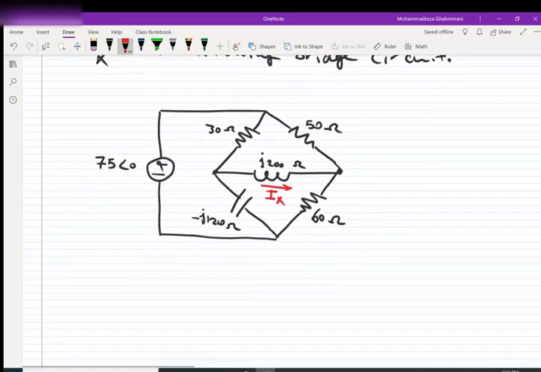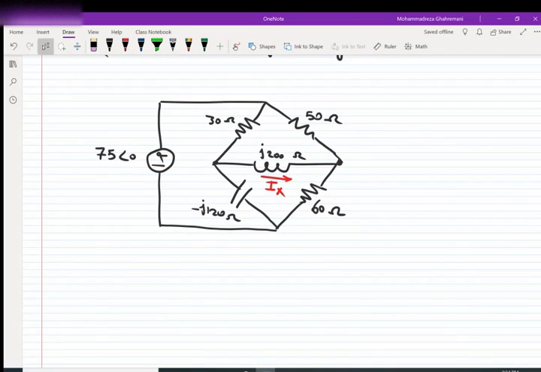So because we want to find the current going through the inductor using Thevenin theorem, we need to consider this inductor as a load and find the Thevenin equivalent seen by this inductor, and then solve the circuit. So in order to do that, we simply need to identify nodes.